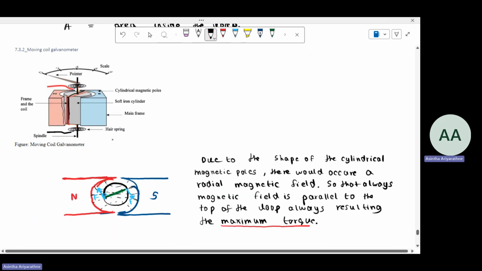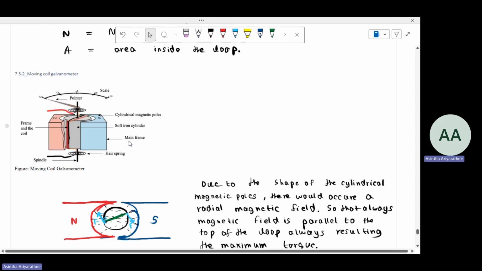And here you can see there are hairsprings. When current is allowed to flow through this current loop, a force couple occurs, which rotates the loop. But to resist that, there is a hairspring attached.